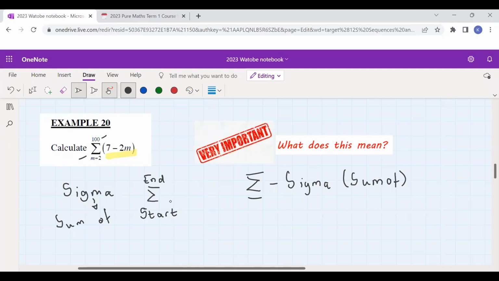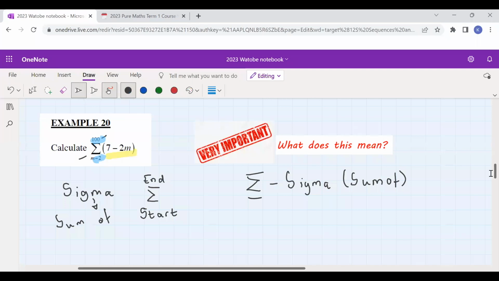And on the sigma sign, you see we have a number at the bottom. In this case, it's a 2. And we have one at the top, it's a 100. So you're going to start substituting m from 2 until 100. That's what sigma says.